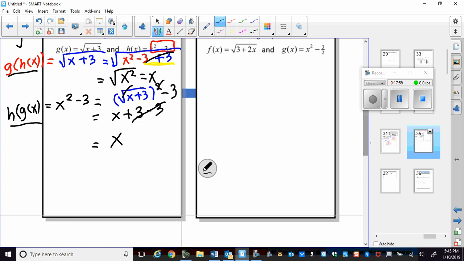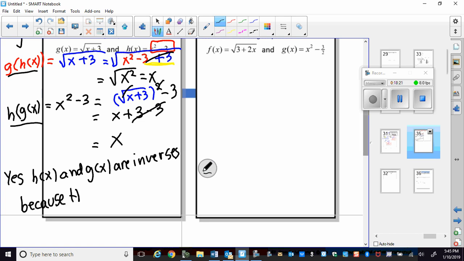And if they do, yes, h of x and g of x are inverses, because the compositions equal x.